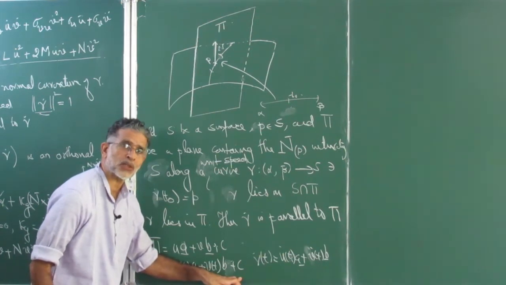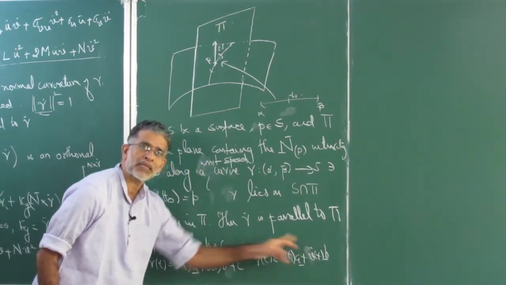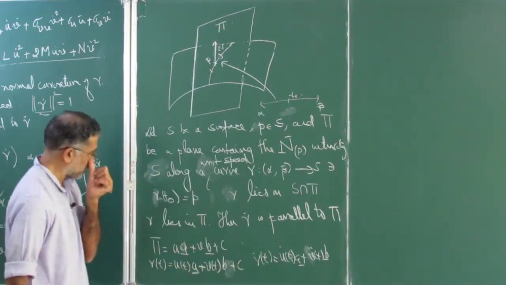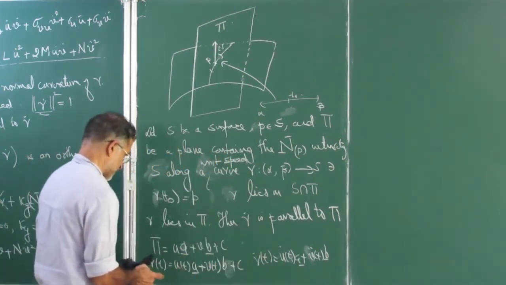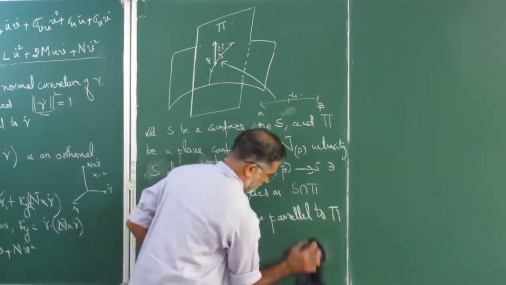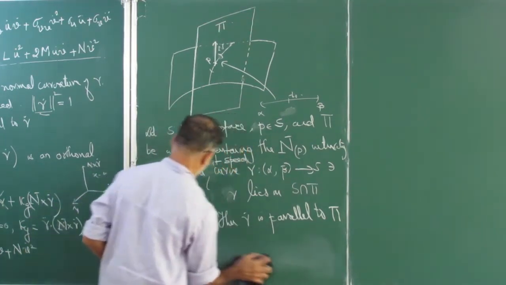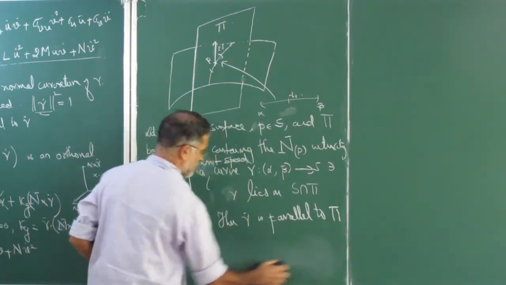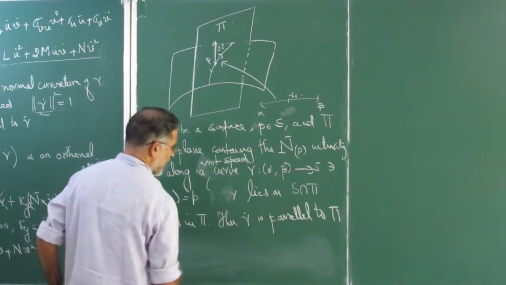If it were passing through the origin, it would have been exactly on the plane. But they may not lie on it, but it doesn't matter to us. Gamma dot is parallel to that. Okay, so that's quite trivial to verify. So let me erase this. Gamma dot is parallel to pi.